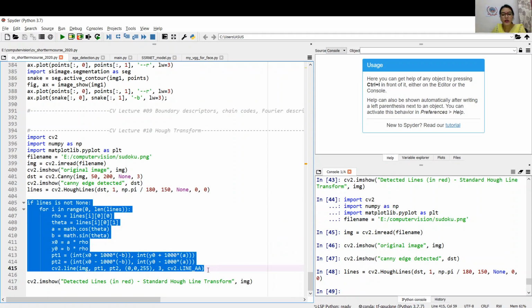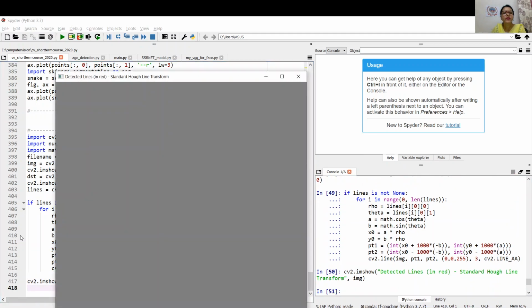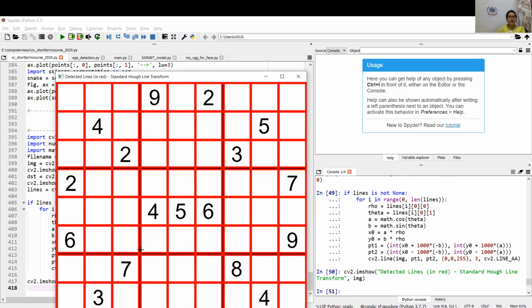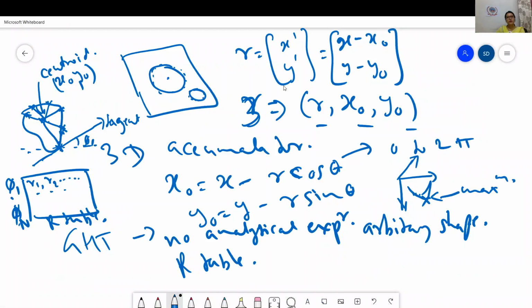And whatever points I get, I will plot on the same image so that I can visualize how it looks. See, Hough is capable of detecting all those lines. Similarly, you can try with other kinds of shapes also.